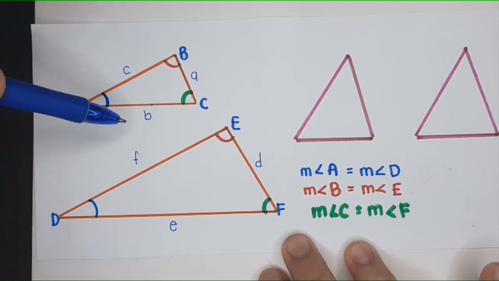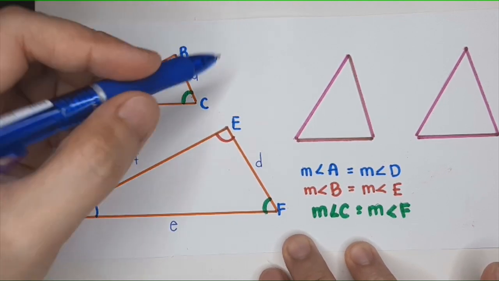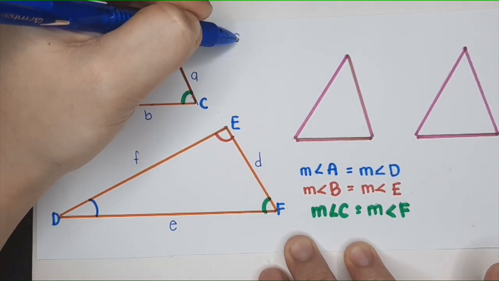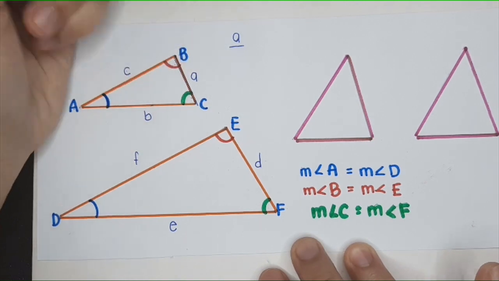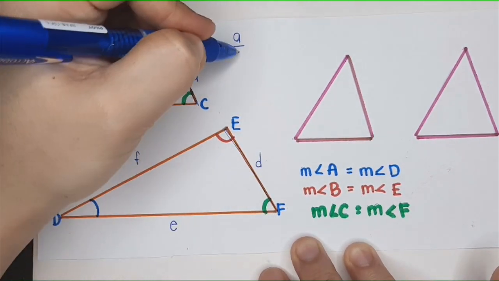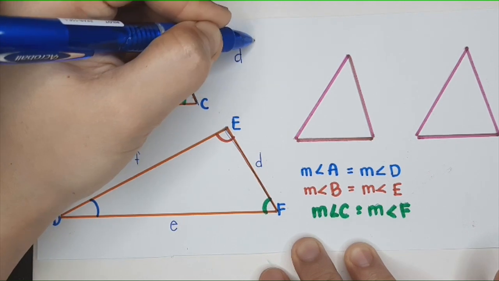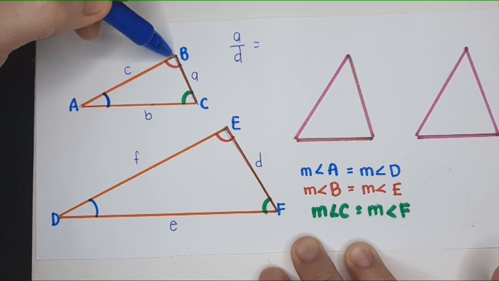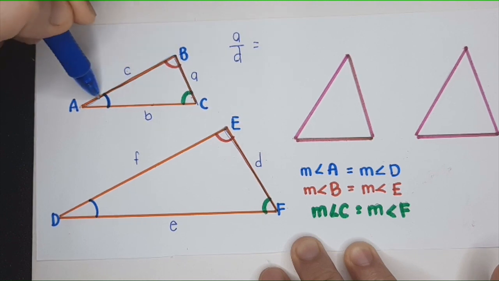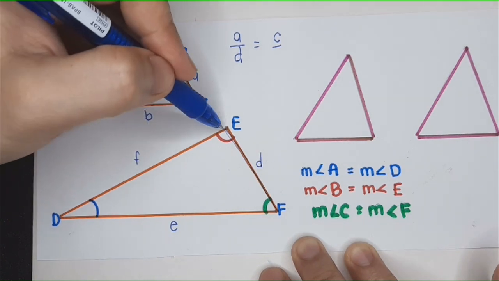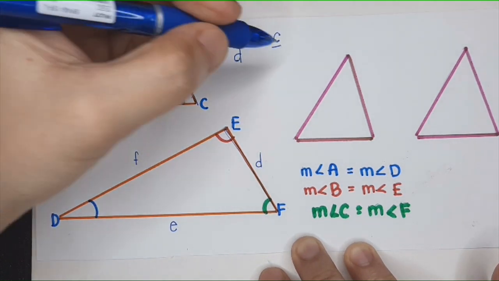Kunyari, I'm going to get the ratio. So, kunyari A divided by this side, that's D. That is equal to, pili kayo ng isa pang side. Kunyari, ito. C over this side. So, F.